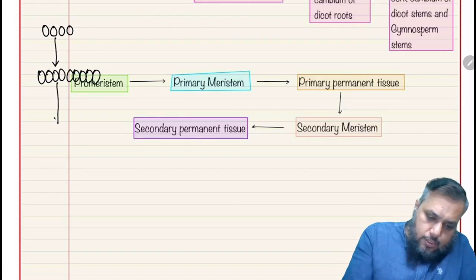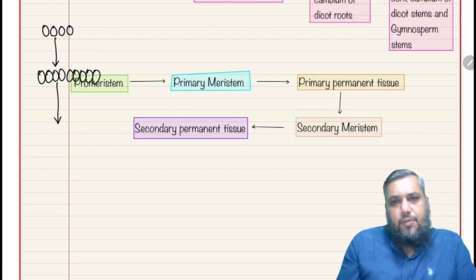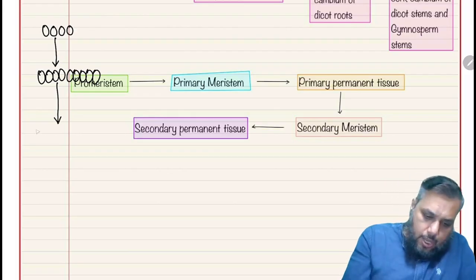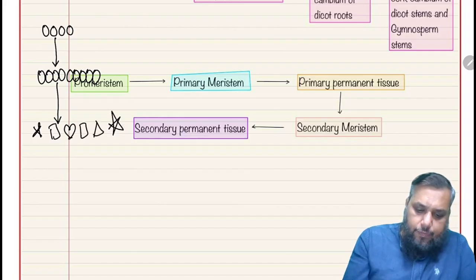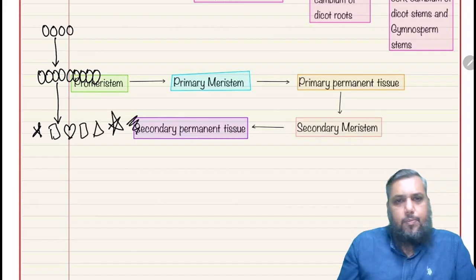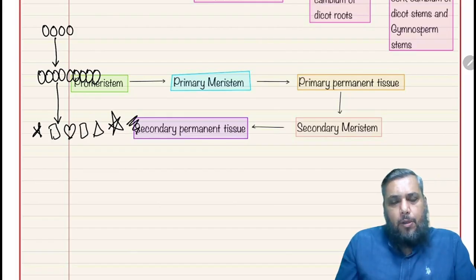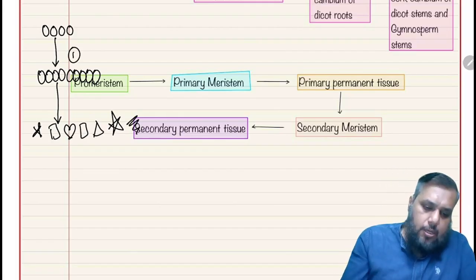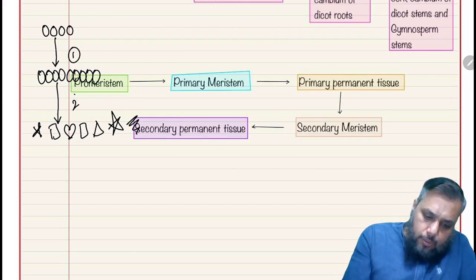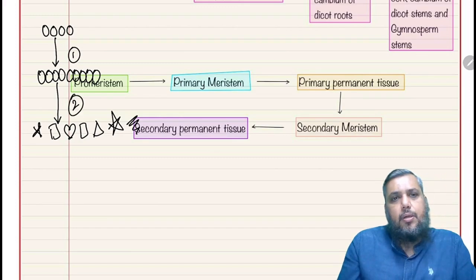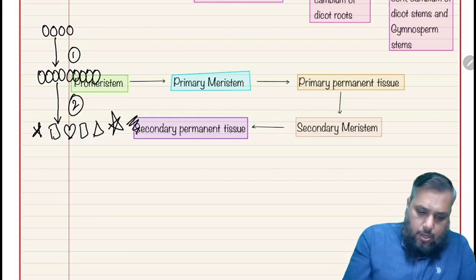But now these cells took up a specific function and became primary permanent tissues of different types. Now we say they have become differentiated. So the first step was that they were undifferentiated. When they took up division of labor, they became differentiated.